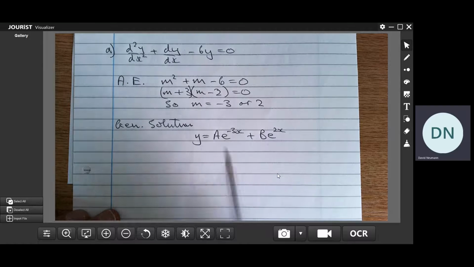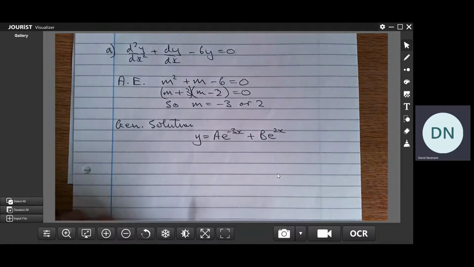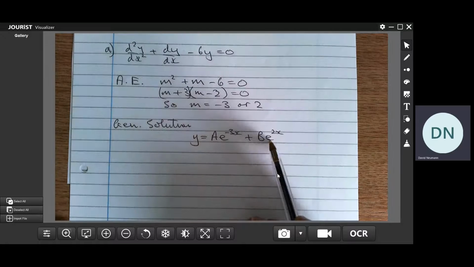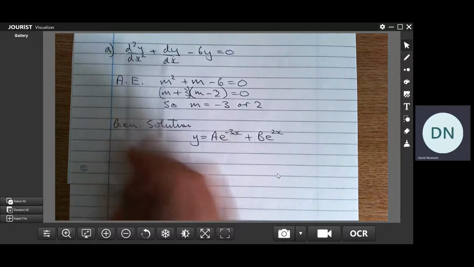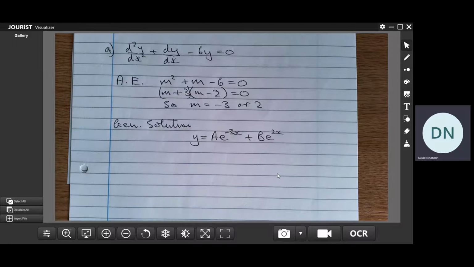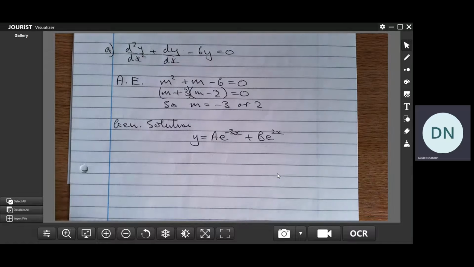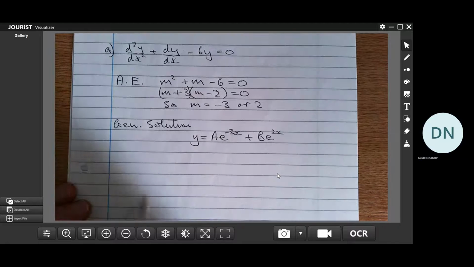What you will find is the coefficients of the e to the minus 3x and the e to the 2x, which you're going to get in both the derivative and the second derivative, when you add all these up like this, they're going to cancel out and give you 0.